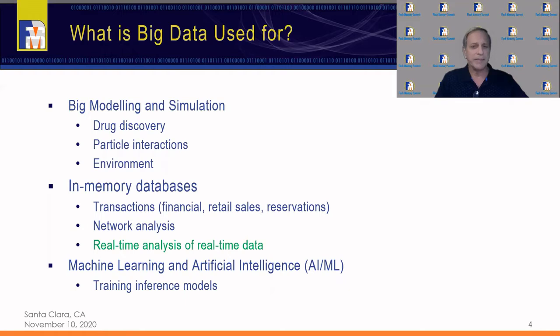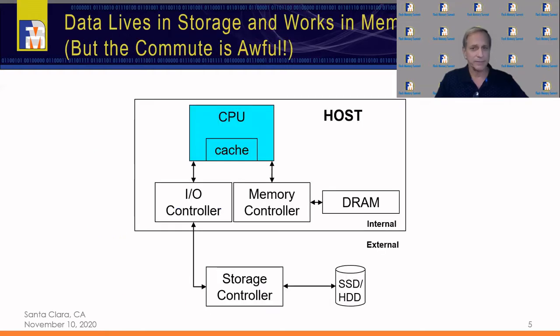So where does big data live and how is it processed? Traditionally, data lives in storage and it works in memory, and the commute is awful. A hierarchy can be inferred from this figure. The on-processor cache is at the top of the hierarchy.